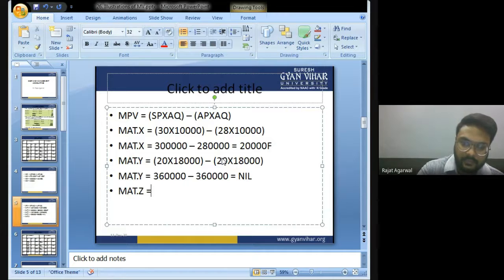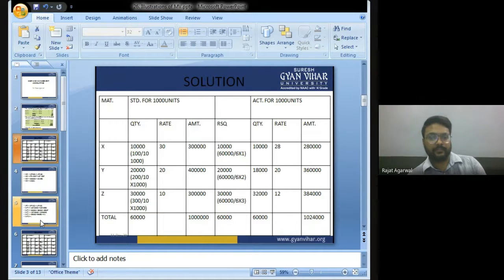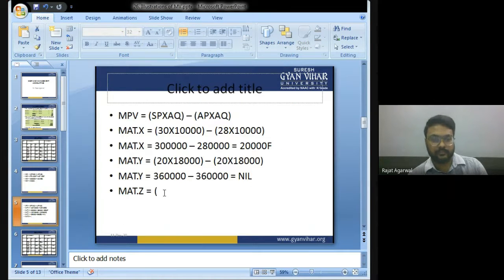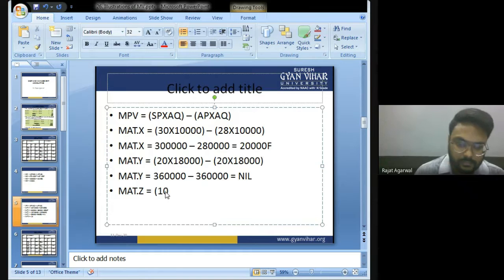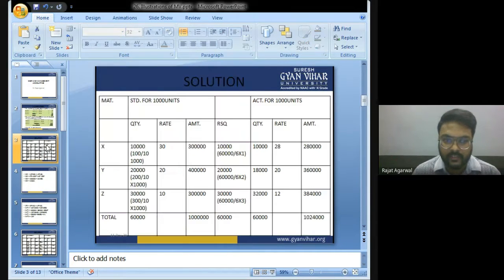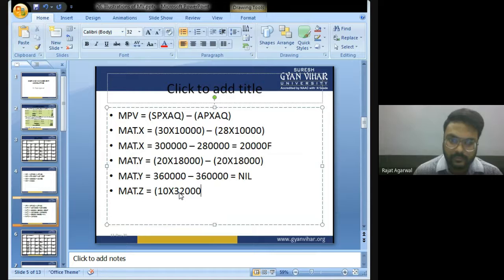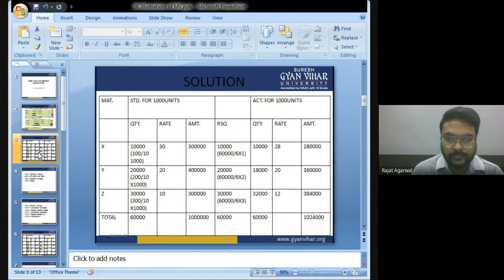Material Z. Standard price of material Z is 10. Actual quantity of Z is 32,000. Actual price of Z is 12.